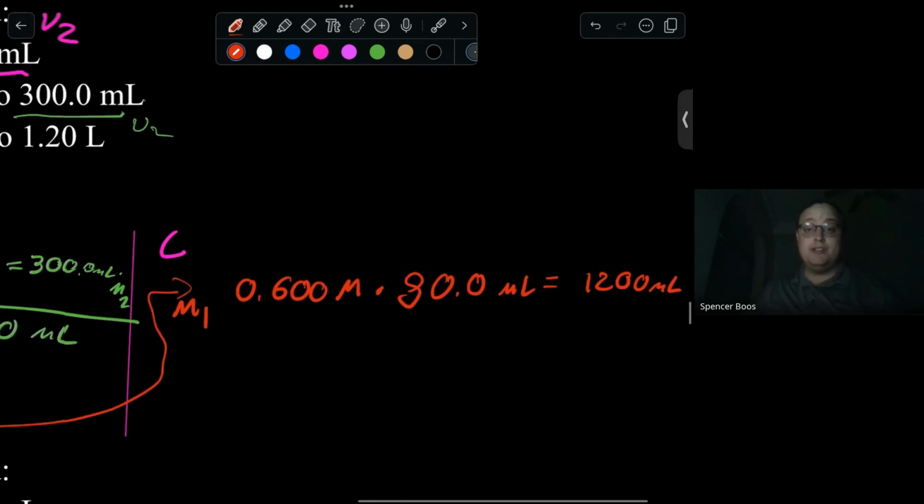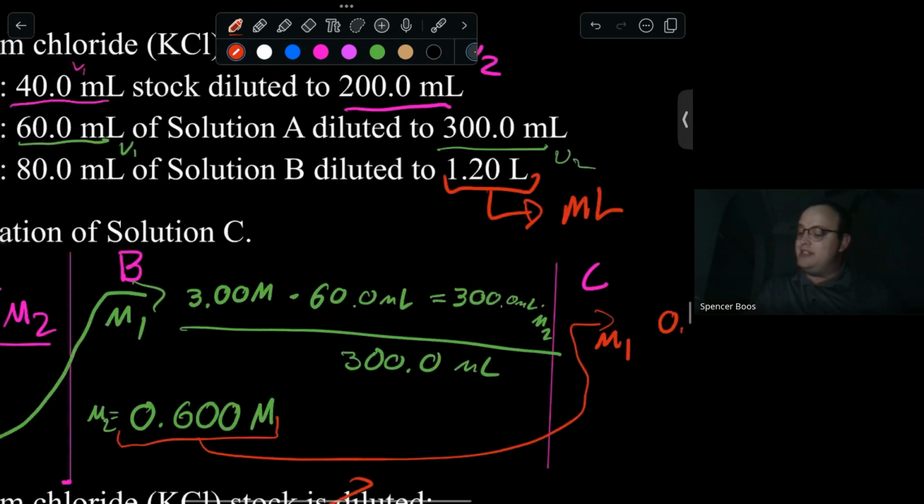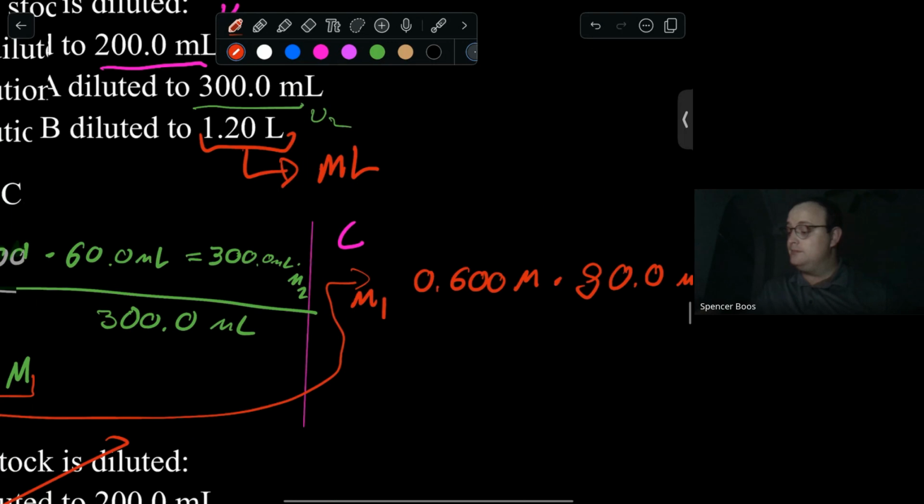An important note here: this must be converted to milliliters because this one is in milliliters. They all need to be in the same units, so either all milliliters or all liters.